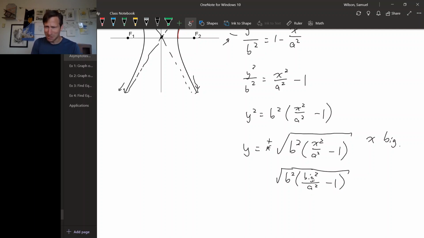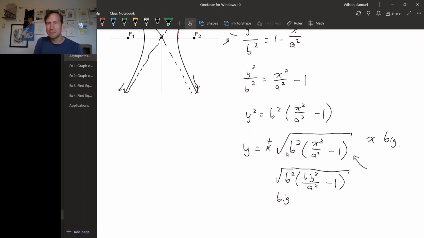And if you take a big number and you square it, divide by a squared, subtract 1, and multiply by b squared, it's still really big. So this whole mess is still going to be very, very big, and that doesn't really tell us anything. So leaving our expression for y written like this doesn't really help.